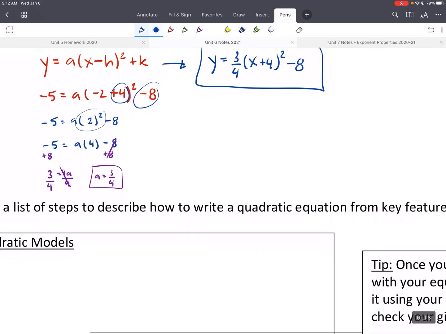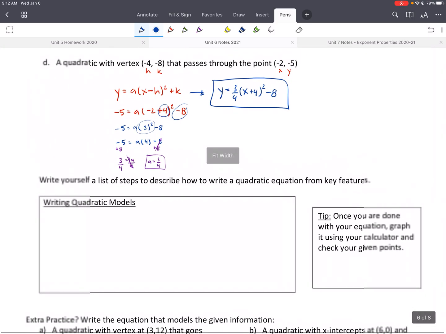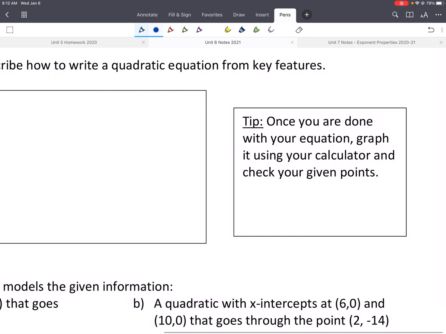We plug it into our equation. We simplify. We're always going to be solving for a. And once you have a, then we plug a back into our equation along with either the vertex or the x-intercepts. Okay? Tip, once you're done with your equation, graph it using your calculator and check your values.